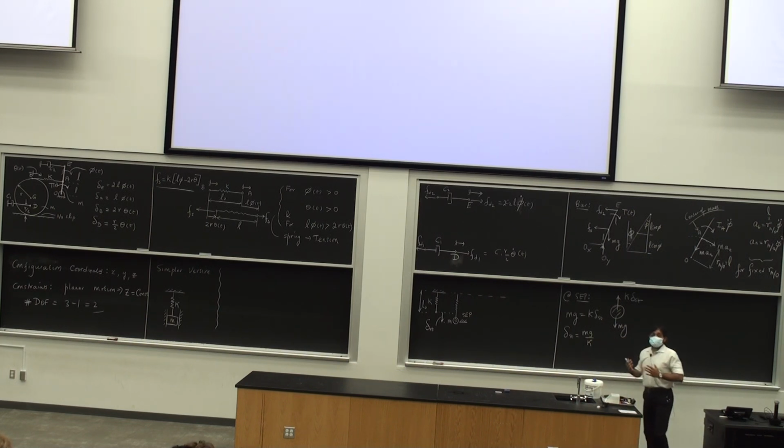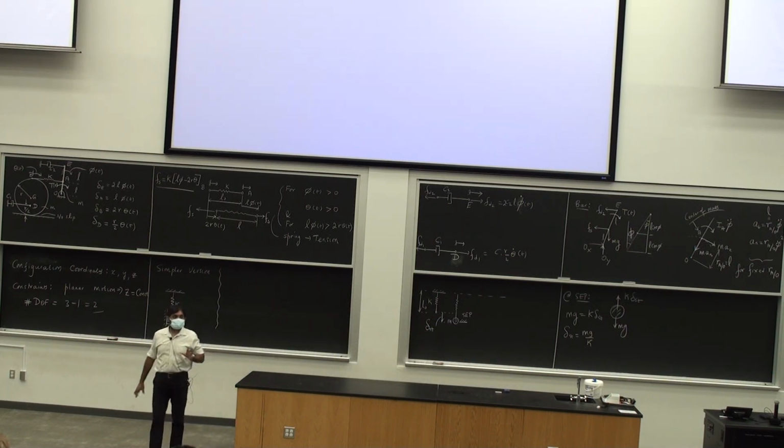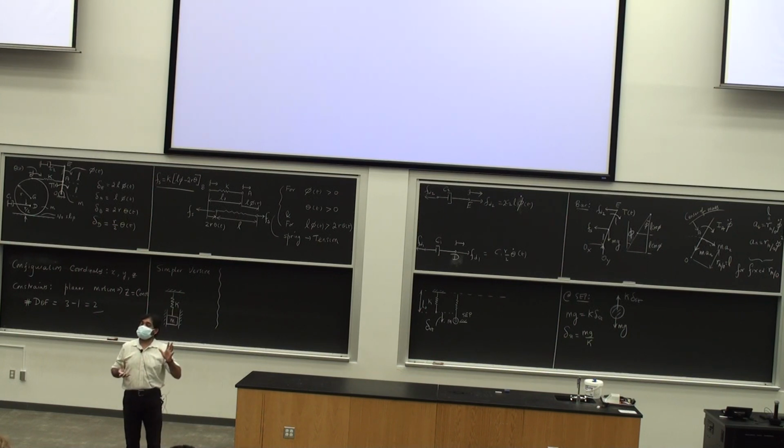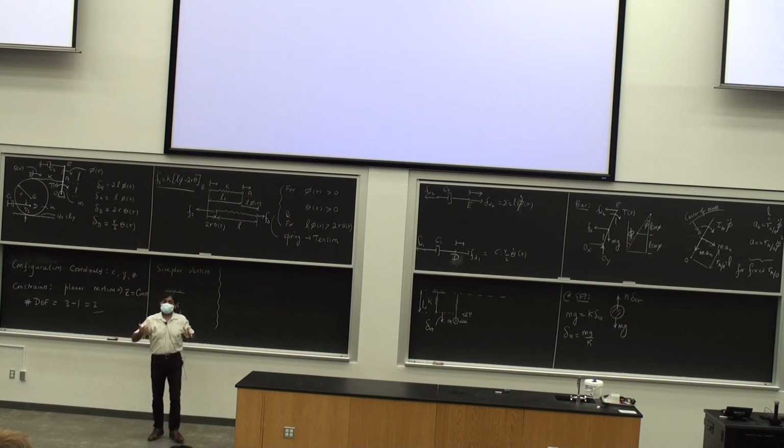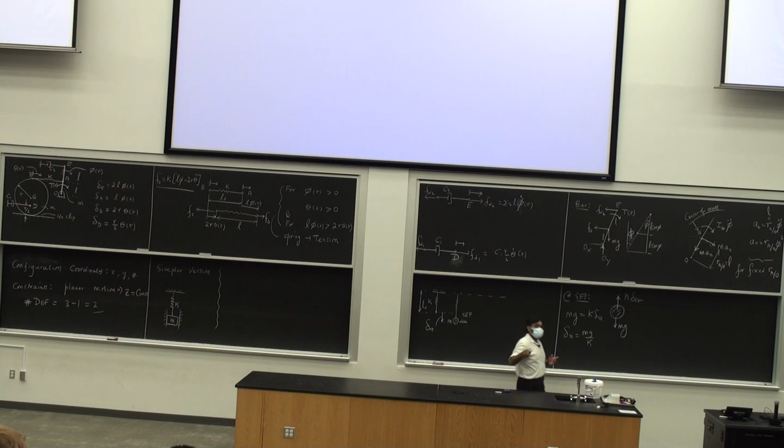Now from the SEP, I'm going to give this problem some initial conditions. We have not discussed initial conditions yet, but essentially I'm just going to give this guy a good kick, which means I'm going to give it a certain displacement in the angular direction, or a velocity in the angular direction, or perhaps a displacement and velocity along the length of the spring. Okay? So I'm going to draw its position at some random point in time t.